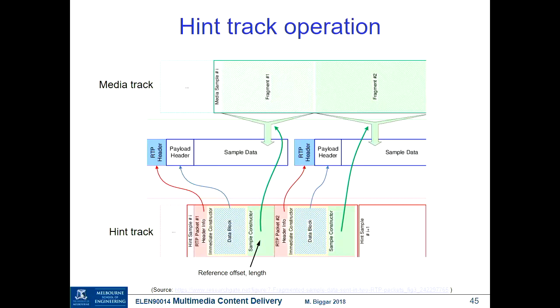So then the server goes off to the media file, grabs that fragment, puts that in the payload of the RTP packet and sends it off, and then it goes and processes the next one. So as you see, this all needs to be media specific, or has to have been media specific to understand what all these segments of data are that go into the RTP packet. But the server itself doesn't have to.